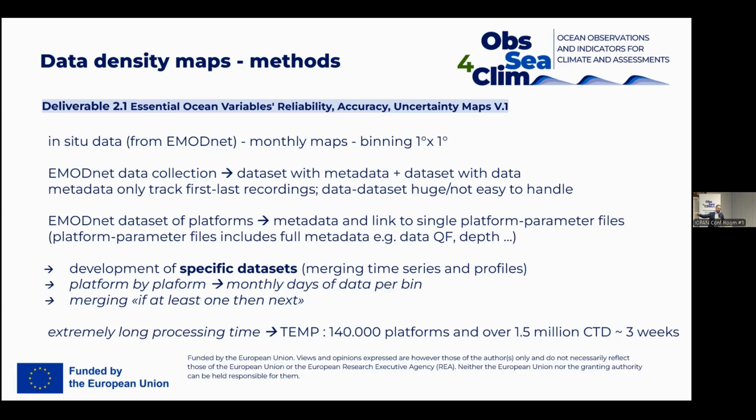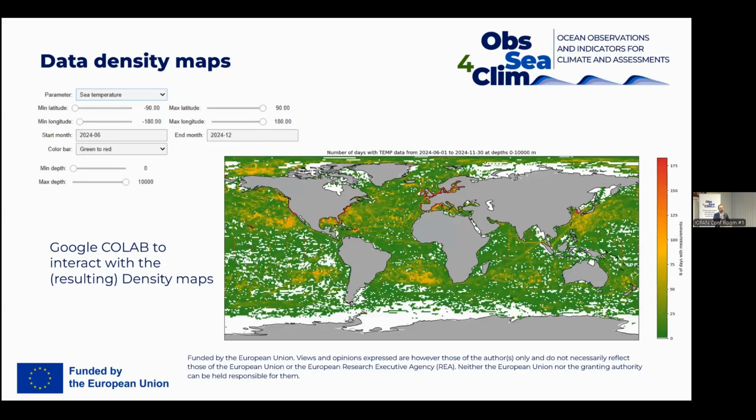When we are making the density map, if we have at least one platform that collected data in that given month, in that given grid cell, we skip the rest. So we may have more recordings for that specific grid cell in a given month, because more platforms can be in the same area, but at least we know that we have one sample there. And this is the outcome of the analysis that we did.